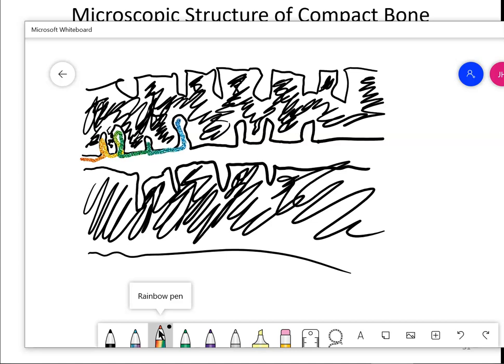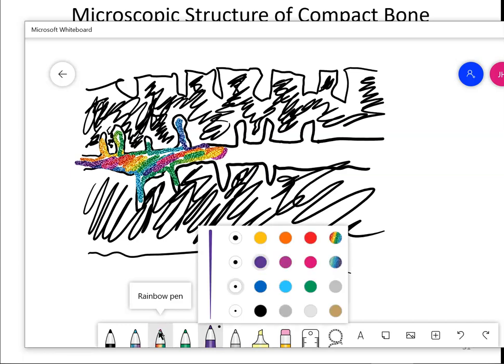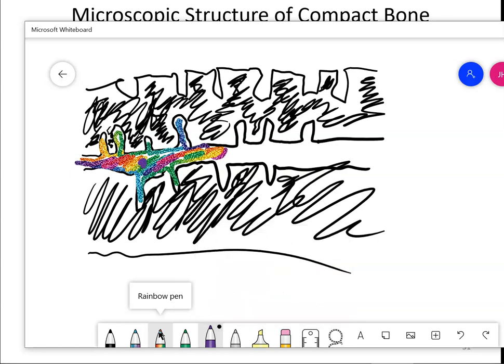It's going to fill all of this space, and it's going to end here. Fill all this space and all this space and all this space. That's all one cell. That's an osteocyte, and I have to give it a nucleus. That's a nucleus. Okay, so that would be one osteocyte.